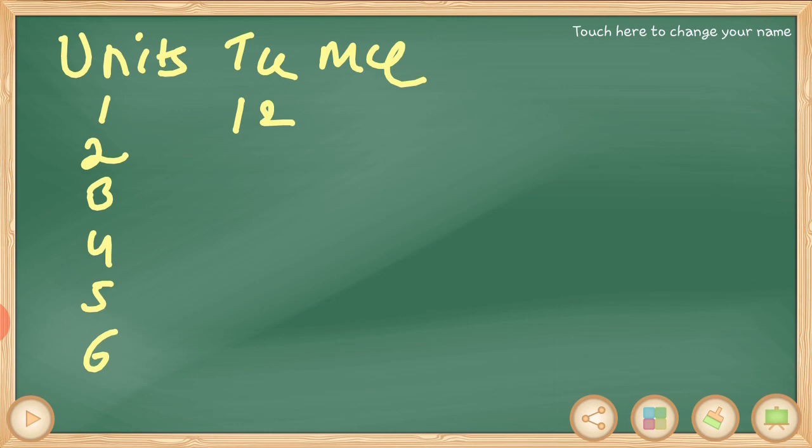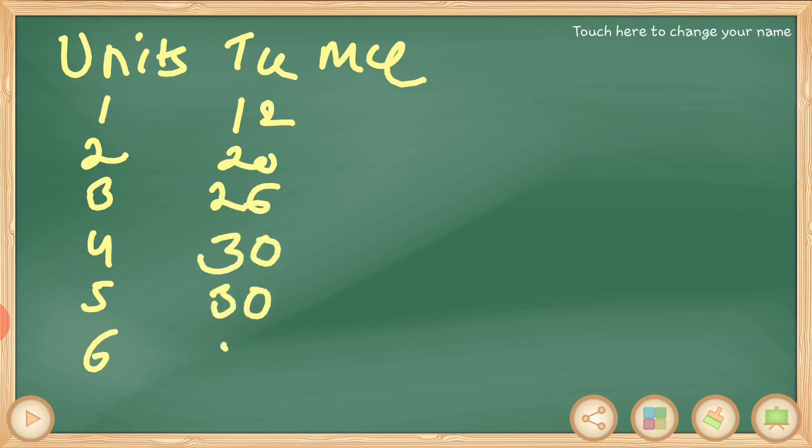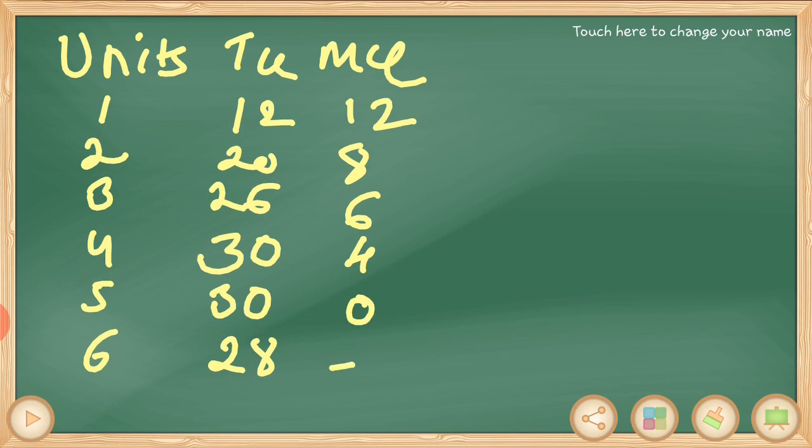TU: 12, 20, 26, 30, then 30, then 28. MU: 12, 8, 6, 4, 0, minus 2.